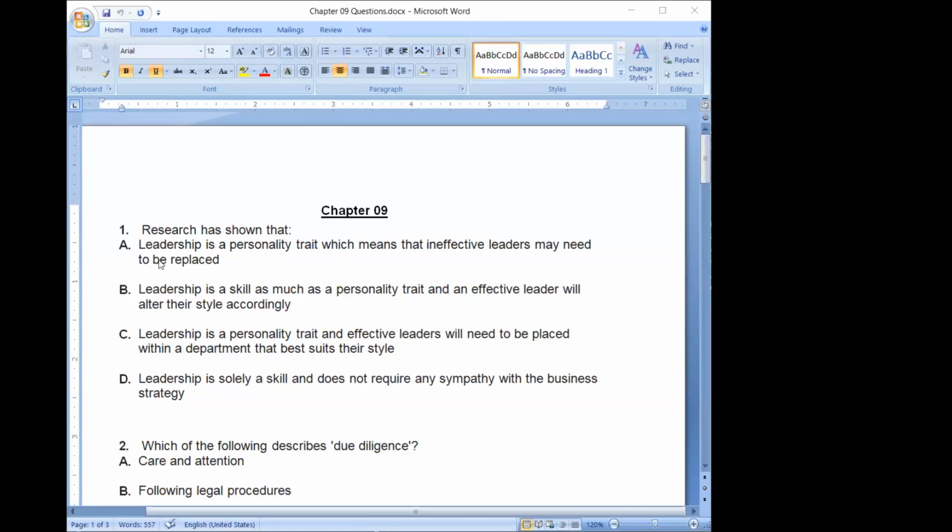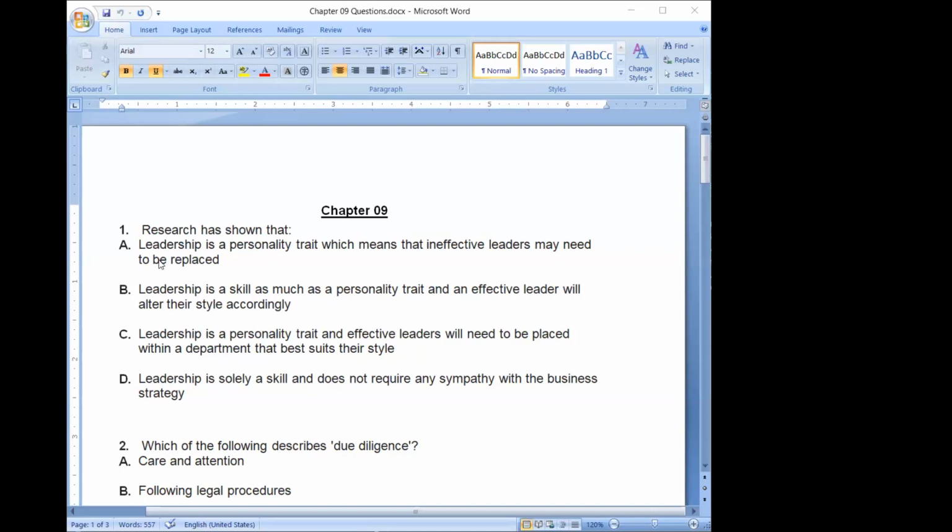Research has shown that leadership is a personality trait, which means that ineffective leaders may need to be replaced. Leadership is a skill as much as a personality trait, and an effective leader will alter their style accordingly. Leadership is a personality trait, and effective leaders will need to be placed within a department that best suits their style. Leadership is solely a skill and does not require any sympathy with the business strategy.